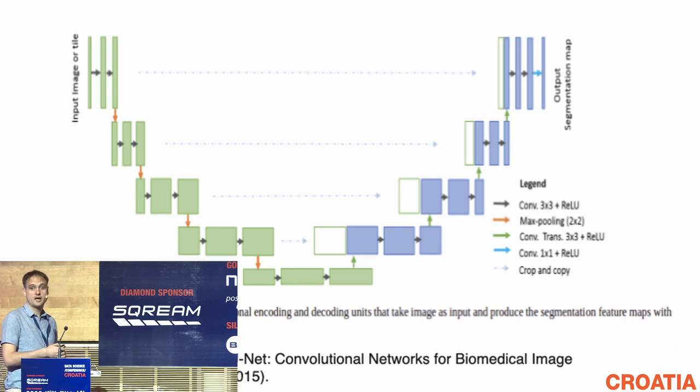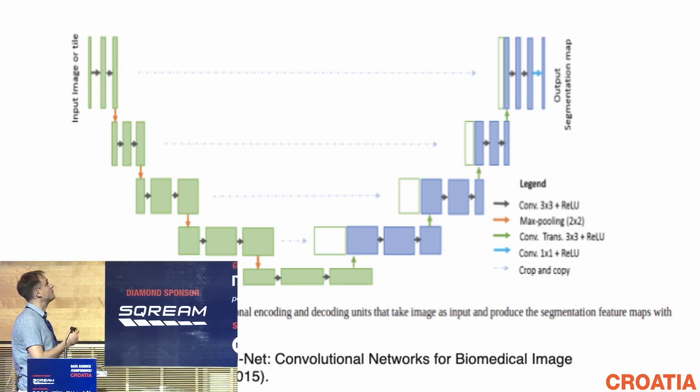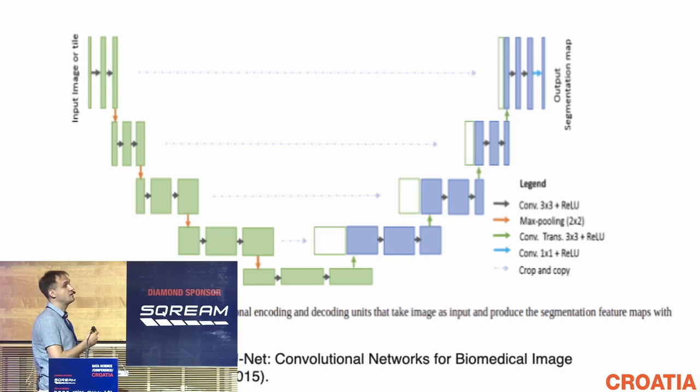To have an overview of all of this, we have some input image here, and typically this has 3 channels, or in some cases it could be just a 1 channel image. You could have RGB images with 3 channels, or maybe grayscale, where you just have 1 channel. And in this part, the number of channels increases. So in the end you might have something like 256 channels and not just 3.